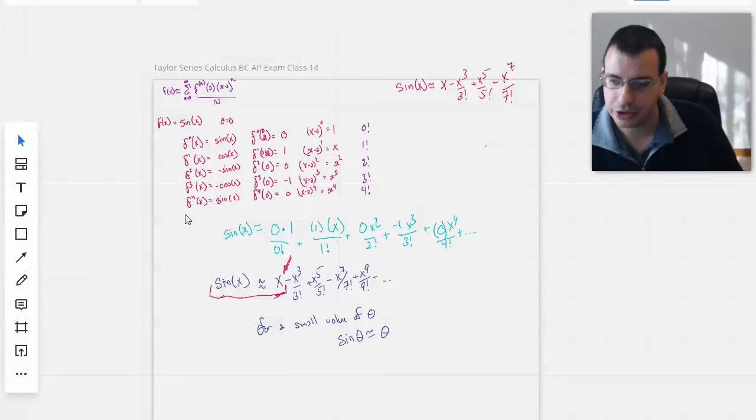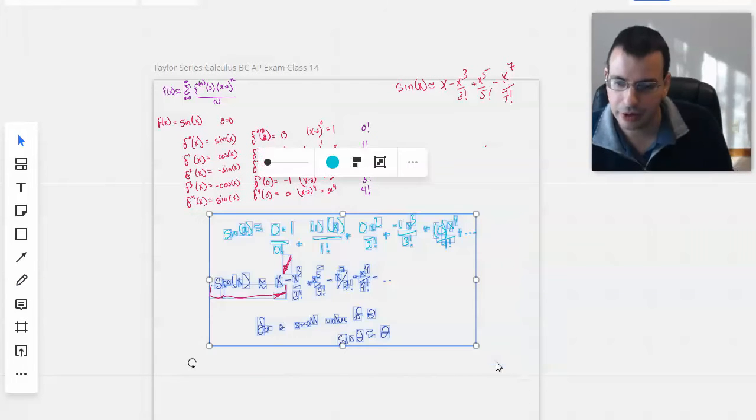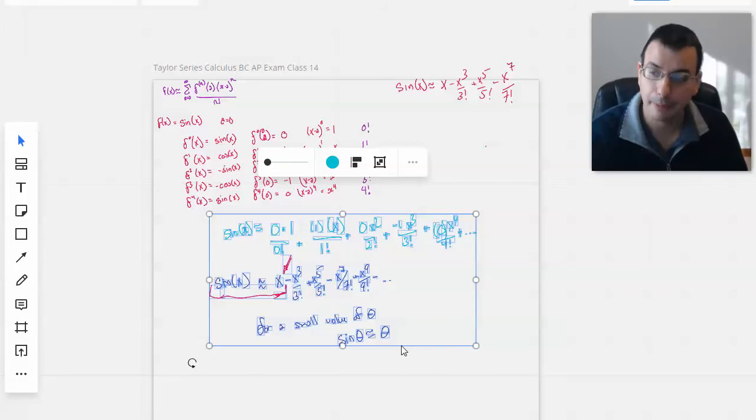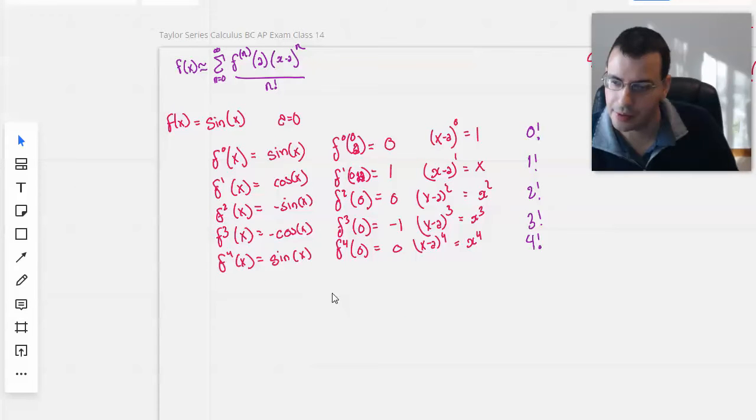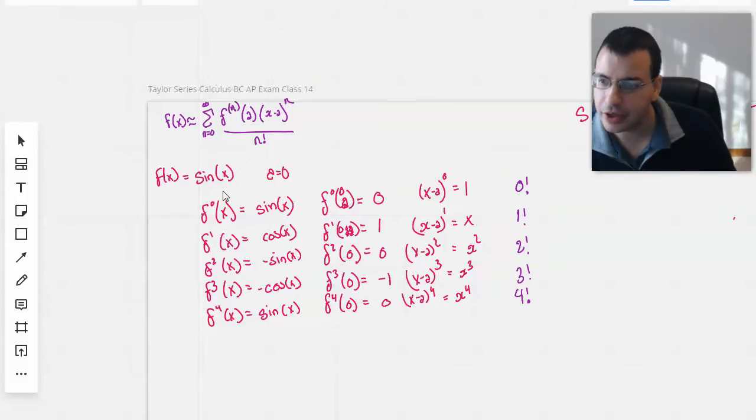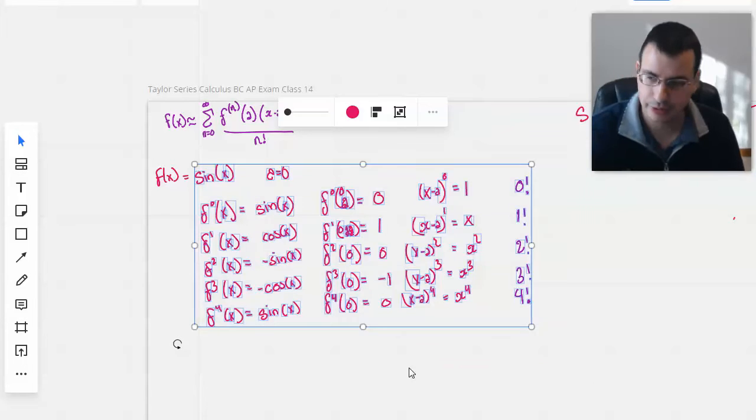Okay, so now you can probably see where this is going, but I'm going to do cosine next. So I'll erase all this.